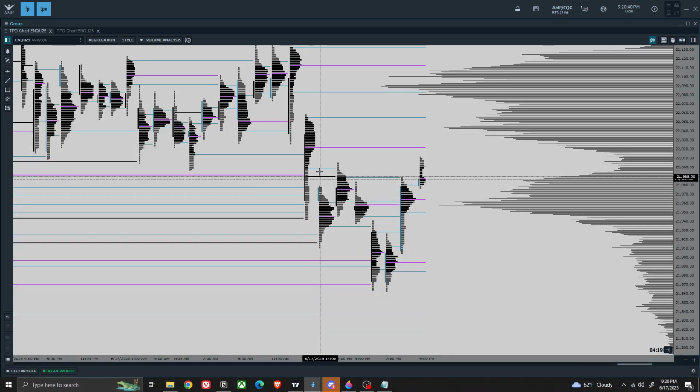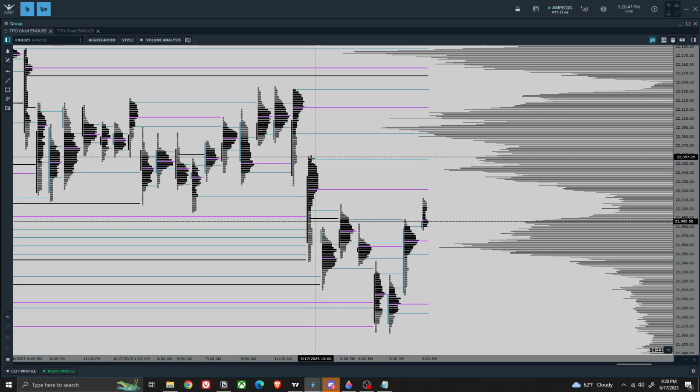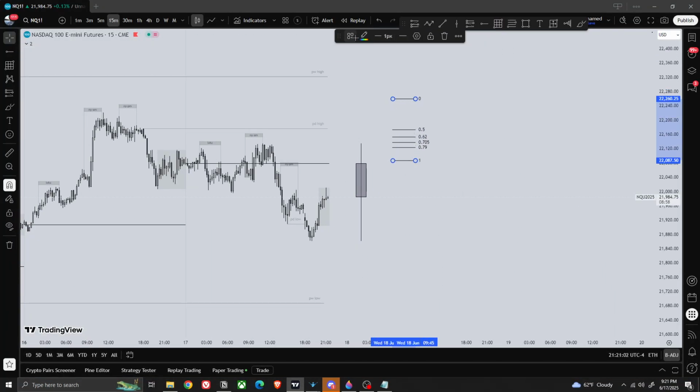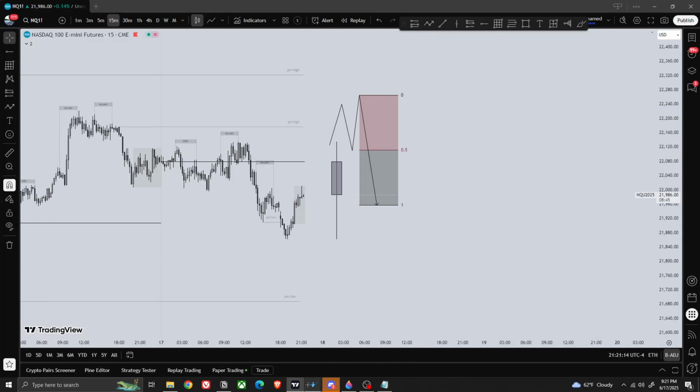These are the black lines, and they're going to have the same type of reaction off of them. And then the blue lines, which are the value area lines, this is 68%, I think, of the volume traded within this one candle. So it could be used as equilibrium. If you trade ICT, you would know that if you have EQ of a range, you could use value area as premium and discount.